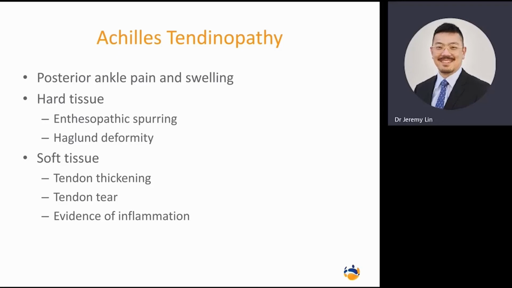Structures involved: number one, the Achilles tendon, obviously, because you will see tendon thickening, and depending on how bad it is, you can see tendon tears and also evidence of inflammation. However, X-ray can be useful in assessing Achilles tendinopathy because there might be other contributing factors causing it.